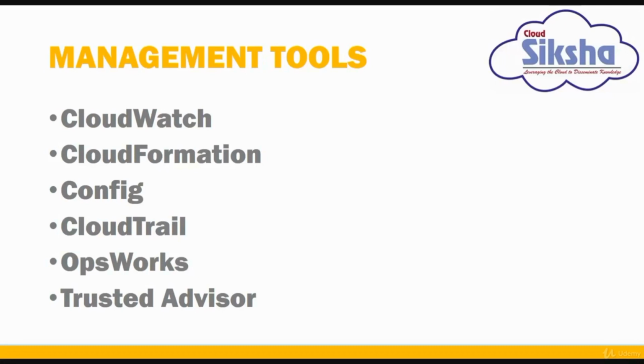CloudWatch is a management tool for monitoring the AWS cloud resources and the applications that you run on AWS. Using CloudWatch, you can collect metrics, you can track the metrics, you can monitor log files, you can set up alarms, you can react to events.